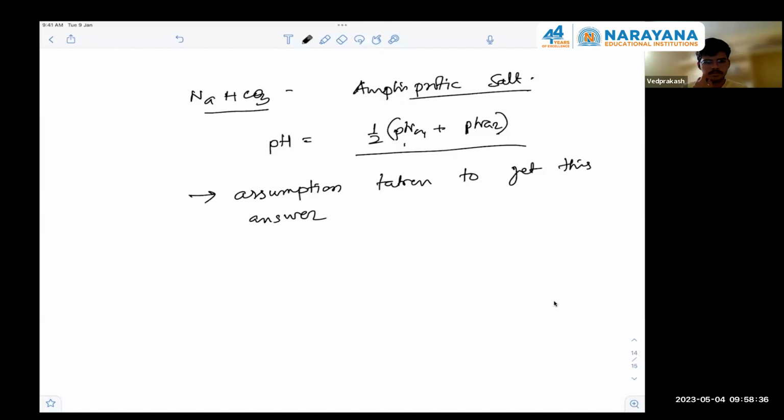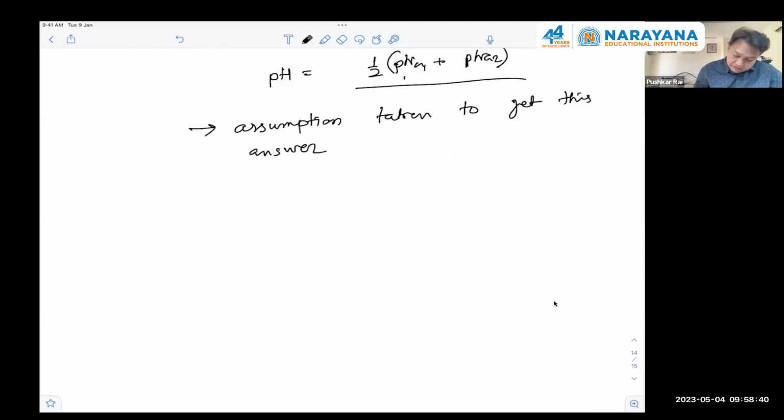C minus X is approximately C. Okay, I could not hear you, but are you telling me that the HCO3 negative concentration is going to be broken into H2CO3 and also CO3 2 negative? So isn't the assumption this, that it is going like C minus X minus Y, it is X and it is Y?